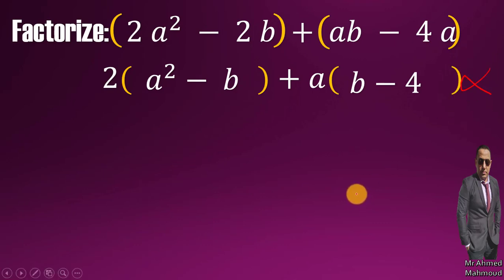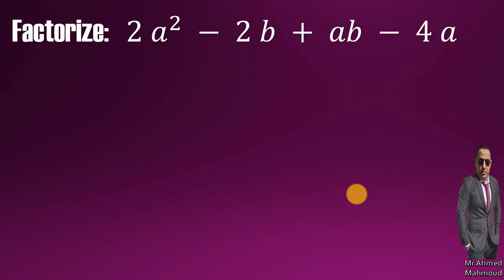So I'm going to restart the expression and the solution again, and I'm going to rearrange the expression. Start again. Now I'm going to switch negative 2b with ab, like this.